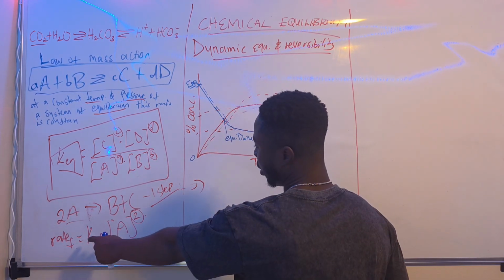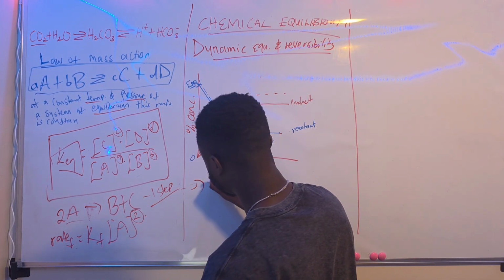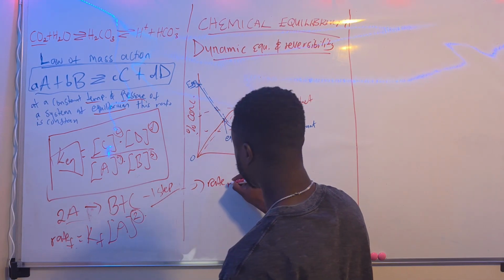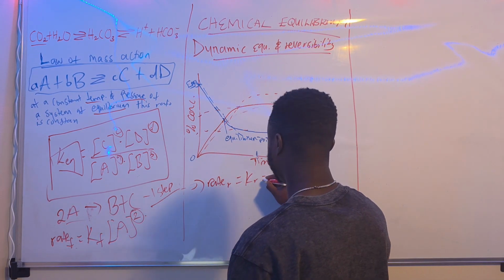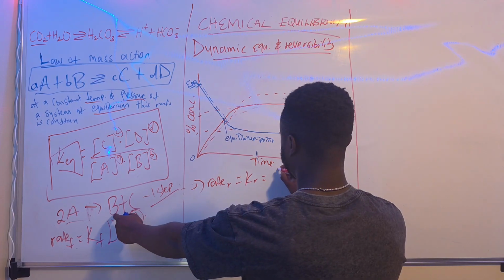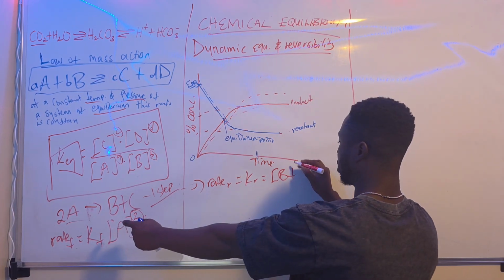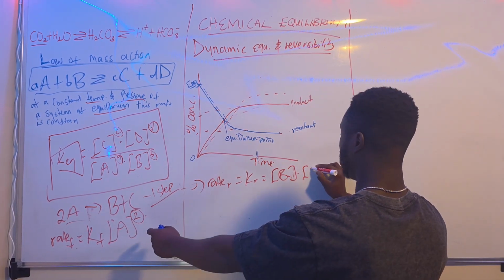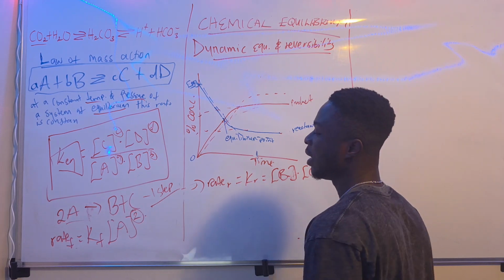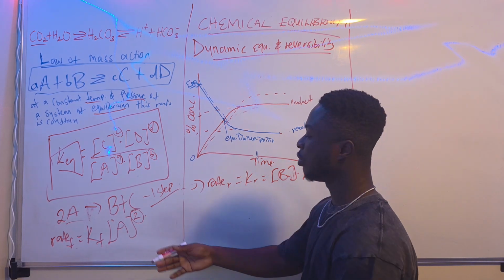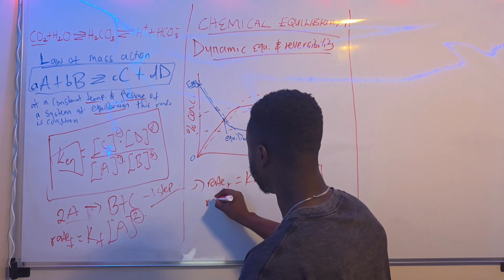So let me come over here. The rate of the reverse reaction is going to be K reverse times the concentration of B times the concentration of C over here, right? Now, I could also say that the rate of the forward reaction is equal to the rate of the reverse reaction.